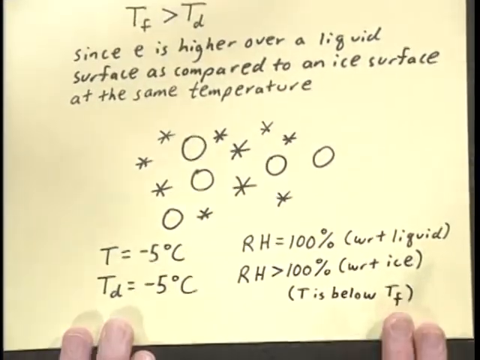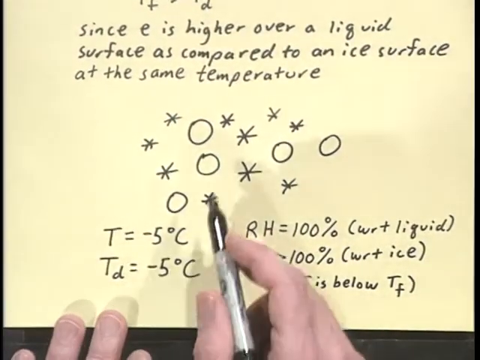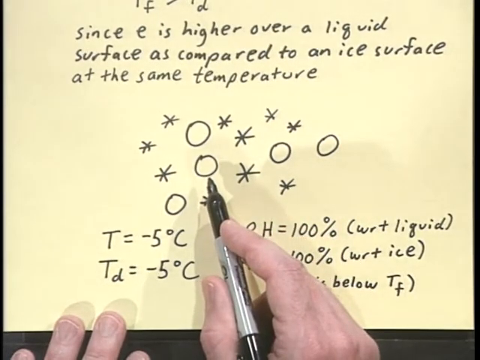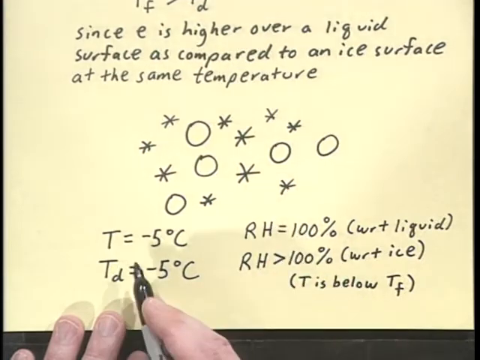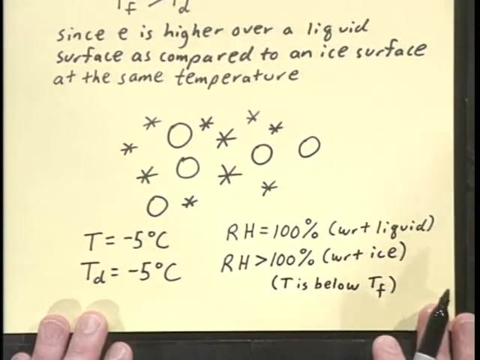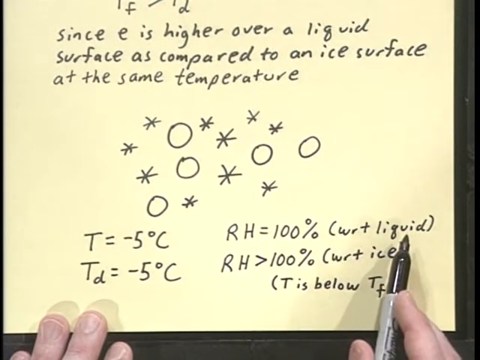So suppose that we have air here, and it's a mixture of water droplets and ice crystals. And the temperature is -5 with a dew point of -5. So the relative humidity is 100% with respect to the liquid.